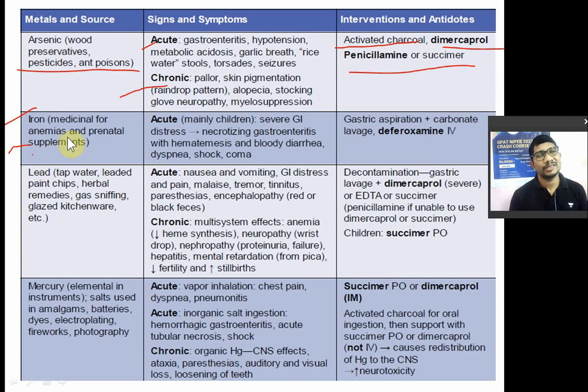So iron poisoning is mostly common in children. In case of acute poisoning, what will happen? Severe gastrointestinal distress, necrotizing gastroenteritis, meaning necrosis and bleeding in the GIT, hematemesis meaning bleeding, and that leads to bloody diarrhea, meaning stool containing blood, dyspnea, shock and coma. Now in this case, gastric aspiration, that is gastric lavage, you have to clean the stomach, with bicarbonate lavage. Deferoxamine IV. Deferoxamine is a specific antidote for iron poisoning. You have to use that.